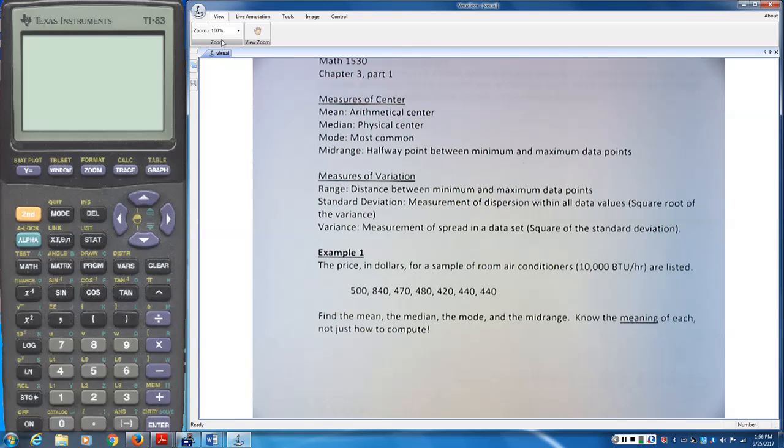So we're going to start out. I'm going to remind you of what the measures of center are. These measures of center in some textbooks are also called measures of central tendency.